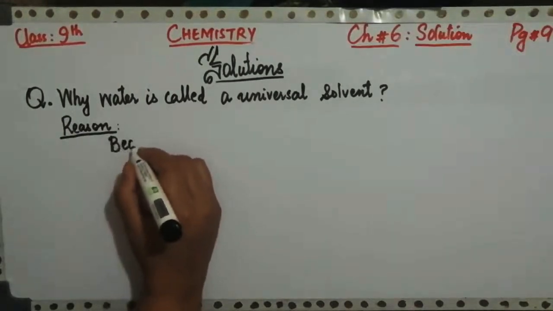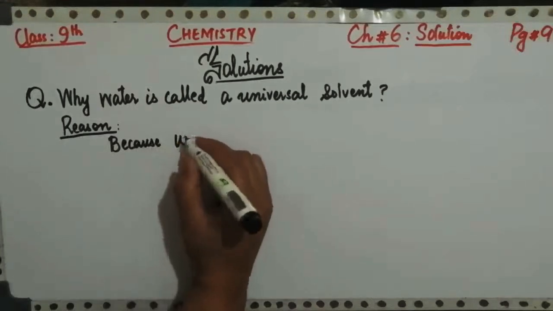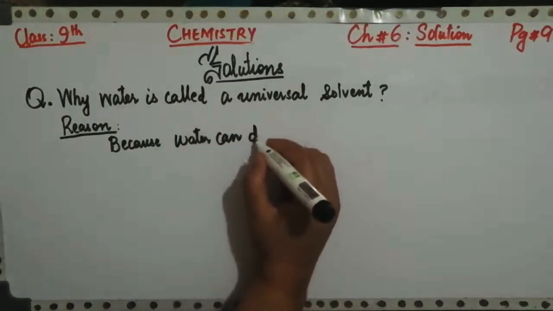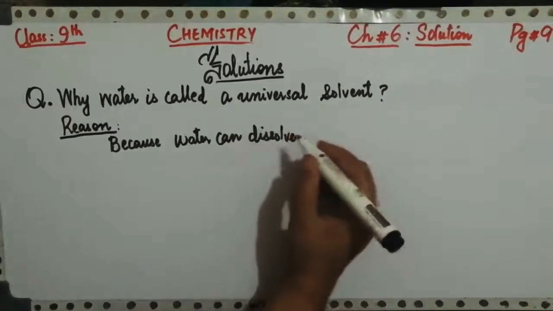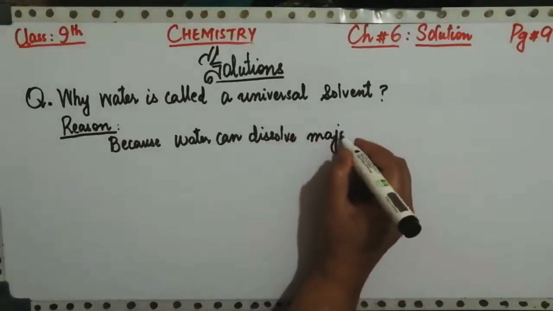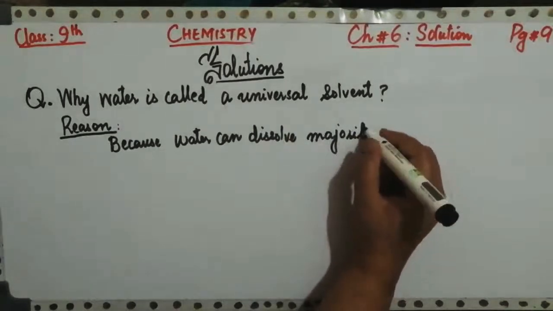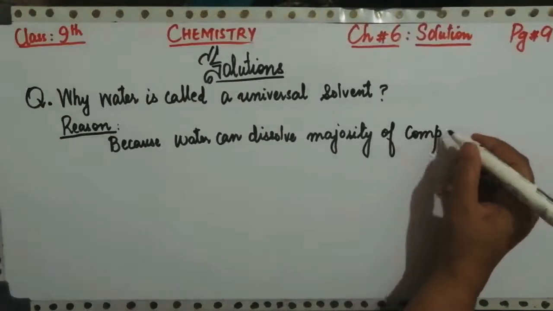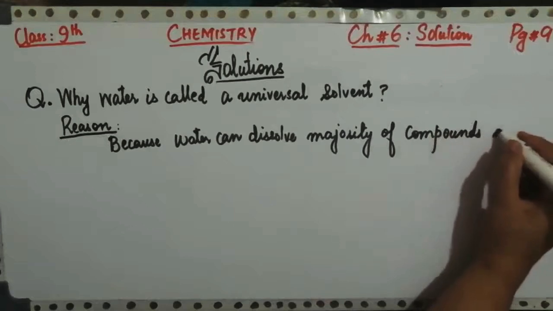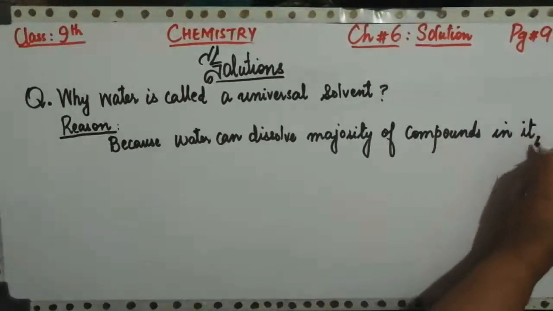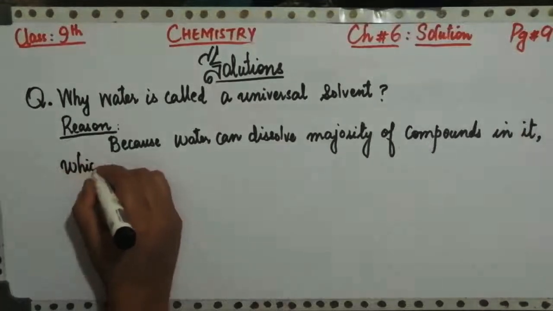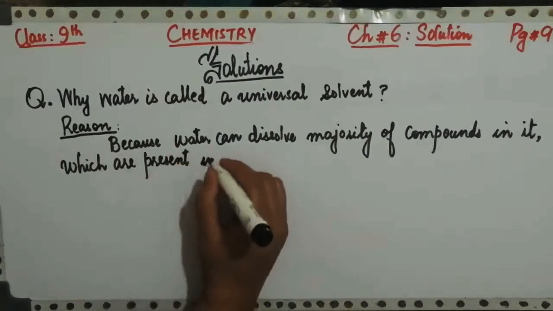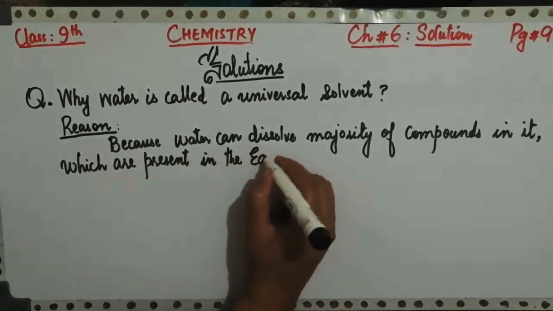Because water is a universal solvent, because water can dissolve the majority, or a huge number, of compounds which are present in the earth's crust. Majority means एक बड़ी तादाद में.